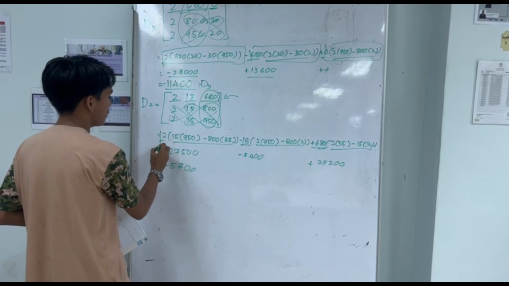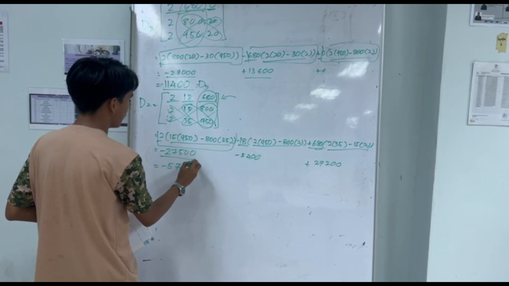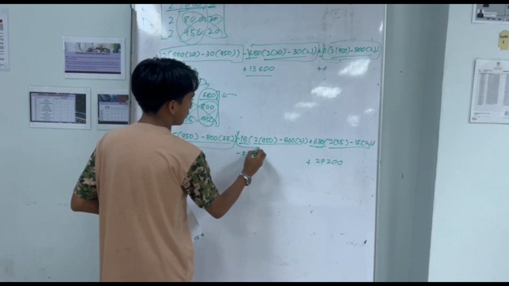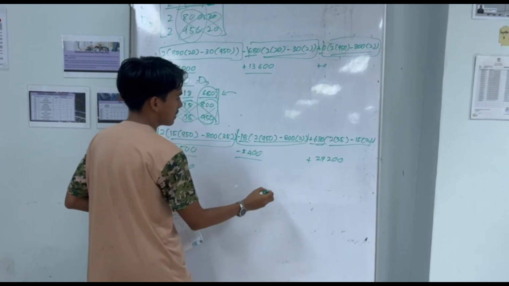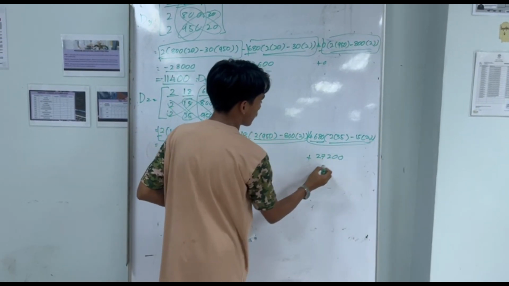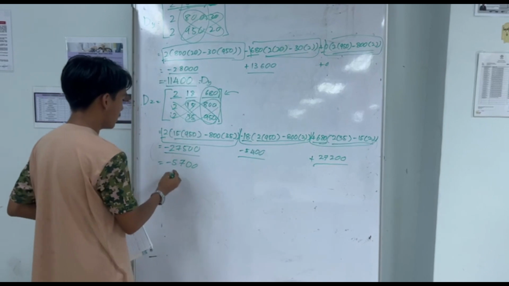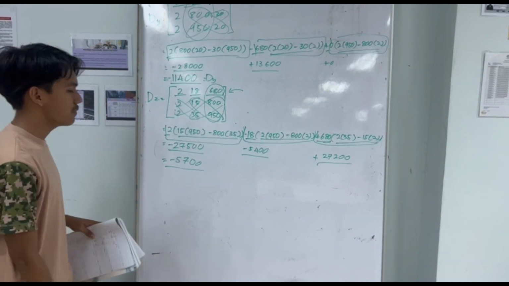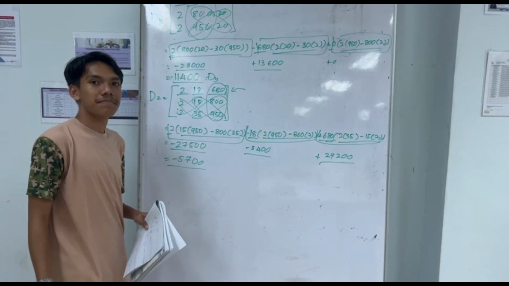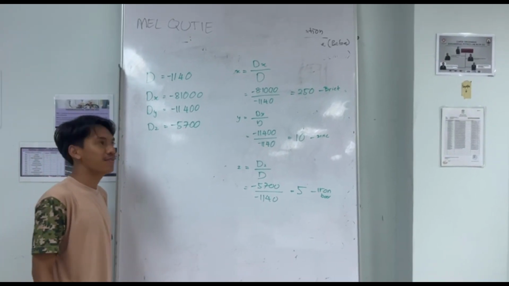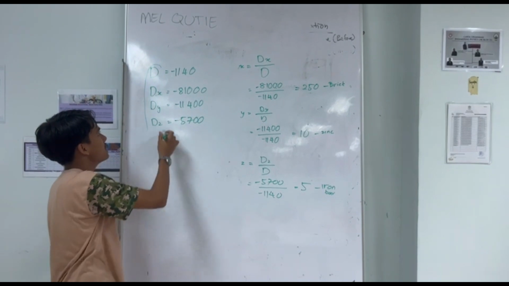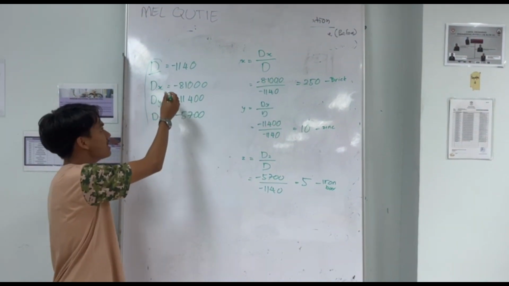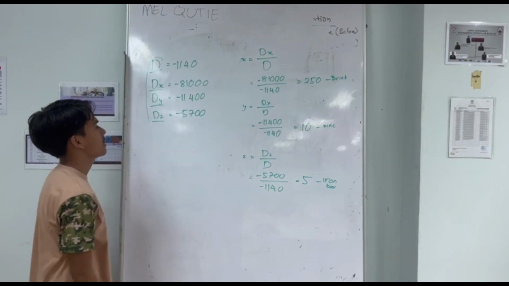Finish this part, we get this, and finish this part, we get this. The final answer for determinant z is minus 5,700. Now I have listed all the determinants: the original determinant, dx, dy, and dz.